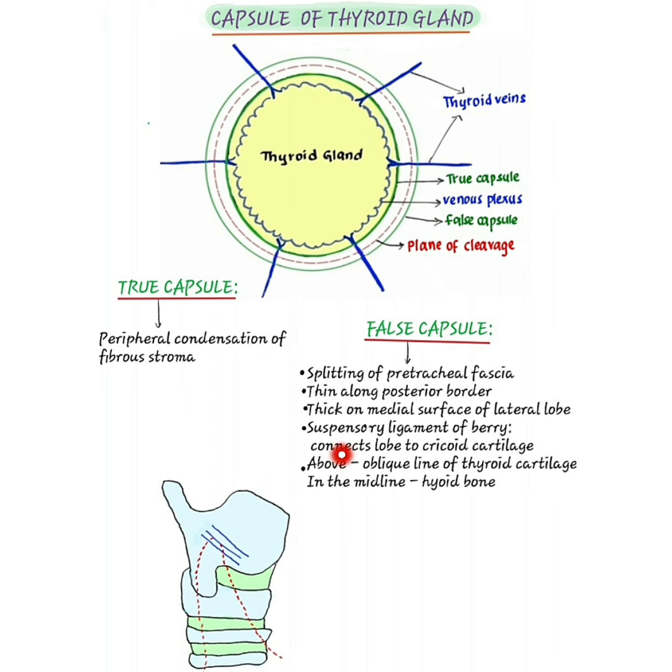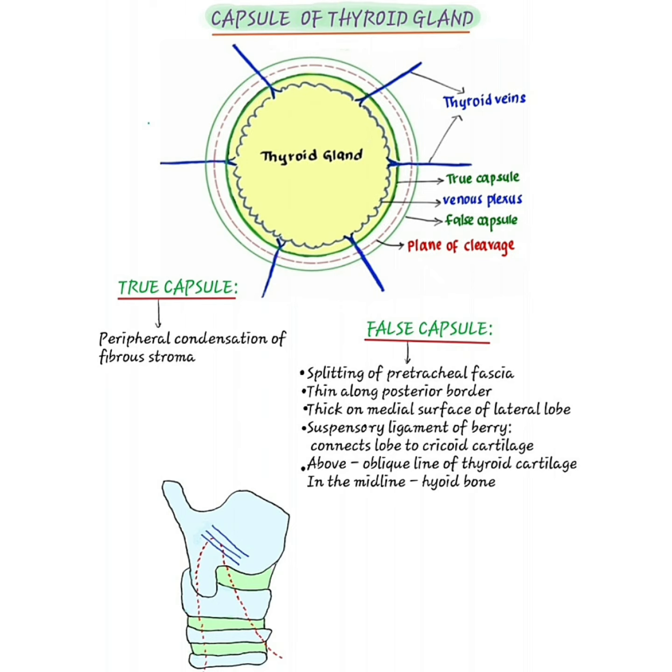Suspensory ligament of Berry connects the medial surface of the lobe to the cricoid cartilage. Above, the pretracheal fascia extends up to the oblique line of thyroid cartilage and in the midline up to the hyoid bone.